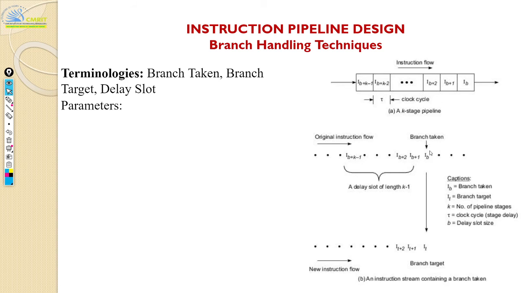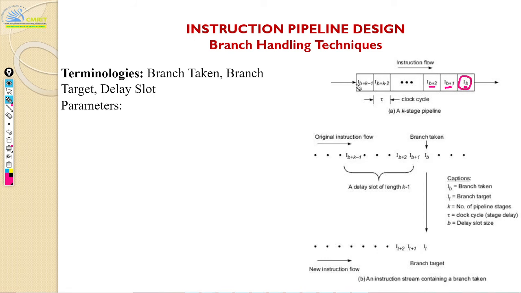So that's what is shown here. When you have a branch taken, the instruction flow is going to look like this: IB, IB plus 1, IB plus 2, and so on. So this is the current instruction, and then the next instruction, next instruction.